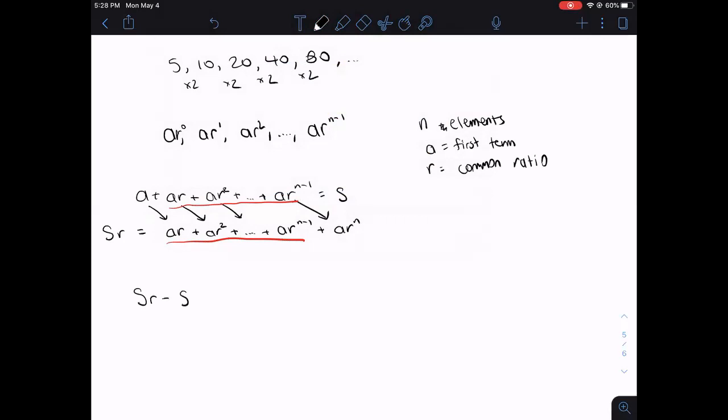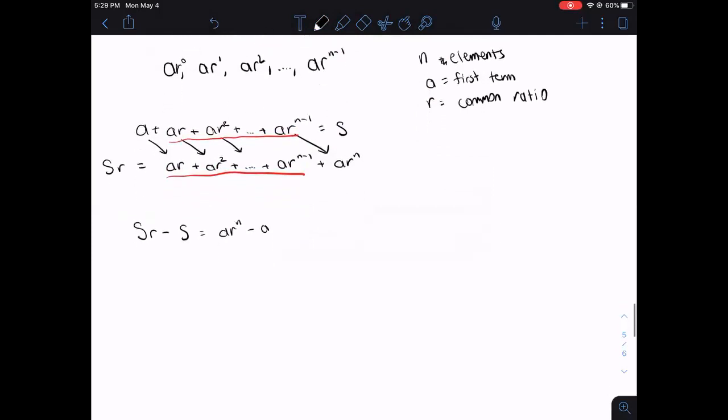SR minus S equals AR^n minus A. And we want to solve for S. So we factor S out, and then we get S equals (AR^n minus A) over (R minus 1), which is A times that.